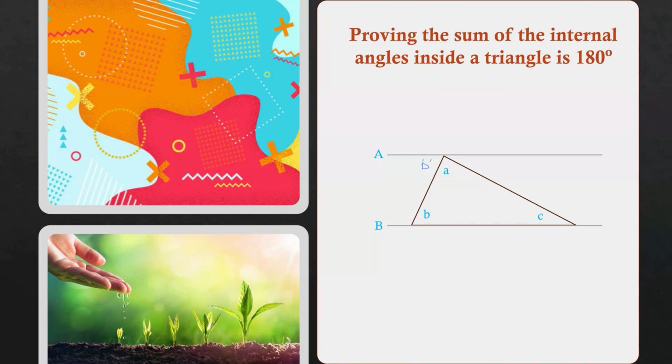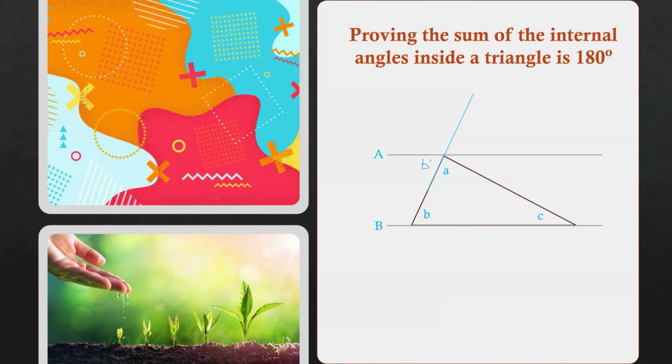Now, they are equal. Well, we know that they are equal, but you can't just say that. You need to prove that they are equal. So how are we going to show that B stroke and B are equal? We need one extra line. So we extend the side of the triangle on the left up.